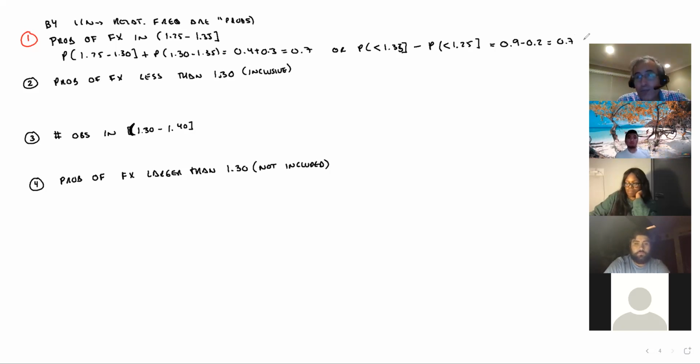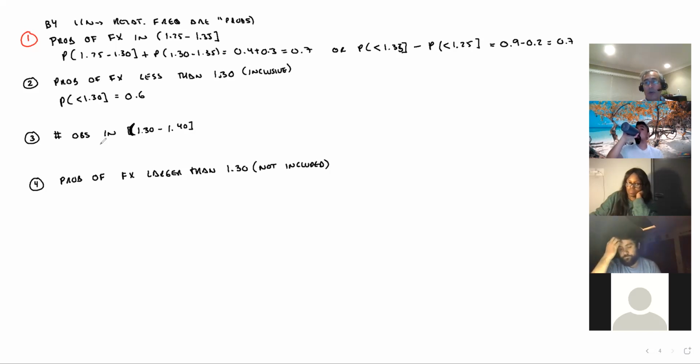Okay, good, easy. What is the probability of having less than 1.30, including 1.30? So basically, the probability of smaller than 1.3, including this one here, is going to be what? What, guys? 60%. 0.6. Exactly, 0.6 or 60%. Now, number of observations. When we talk about number of observations, guys, we talk about frequencies or cumulative frequencies, the numbers.